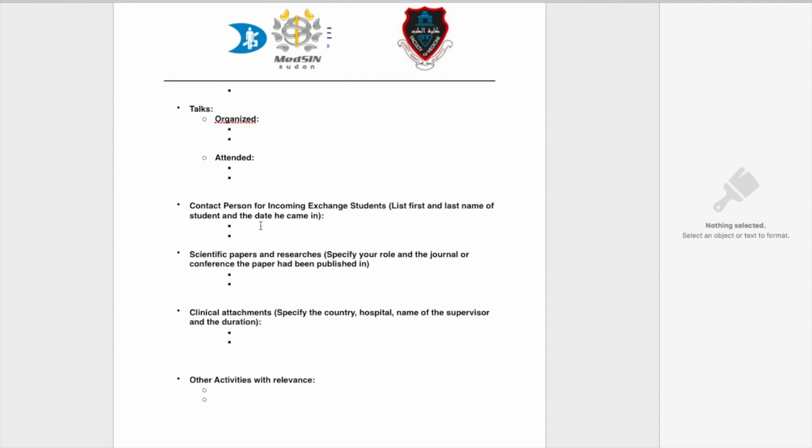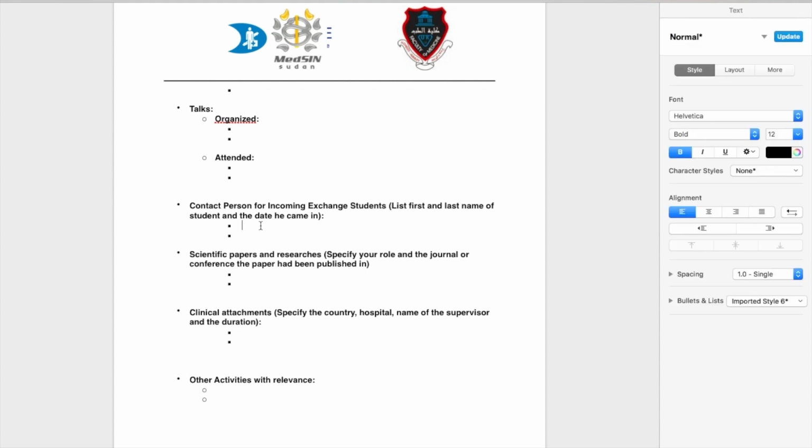For example, if you were the contact person for John Hergeta, you'd type in their name, John Hergeta, and when that student was in Sudan. So you might say last August, but you'd have to type in the name and the date. As an example: John, and they were here in August 2018. This is the way to fill it in.